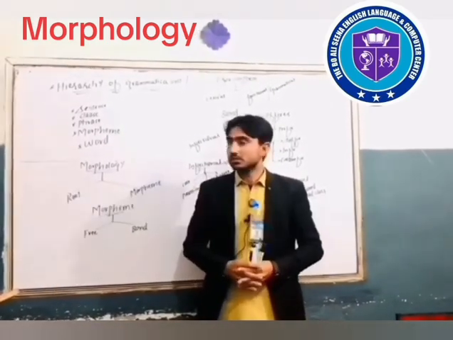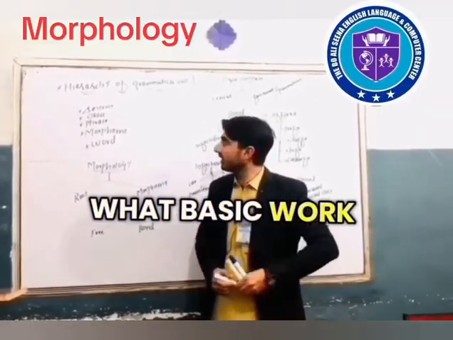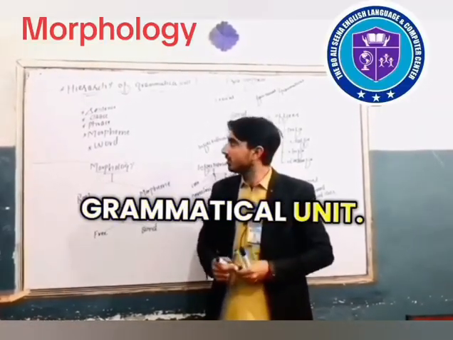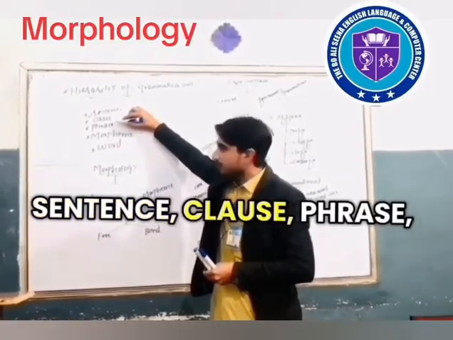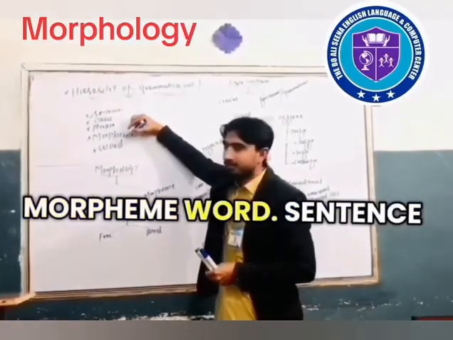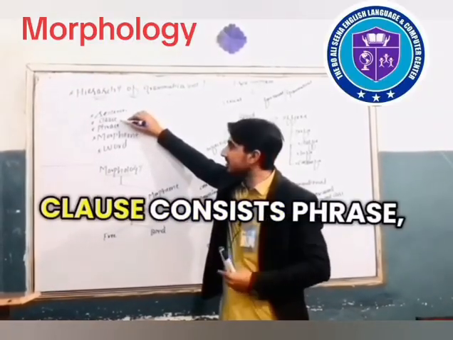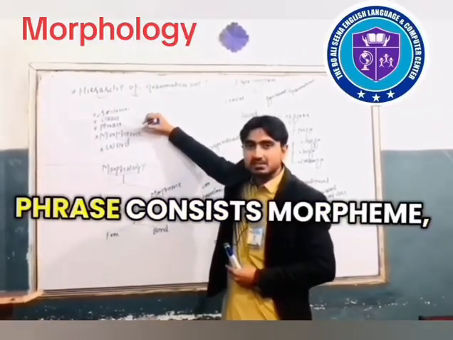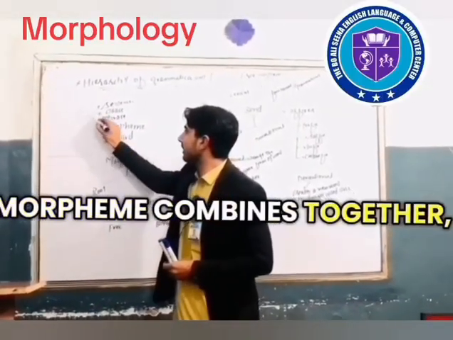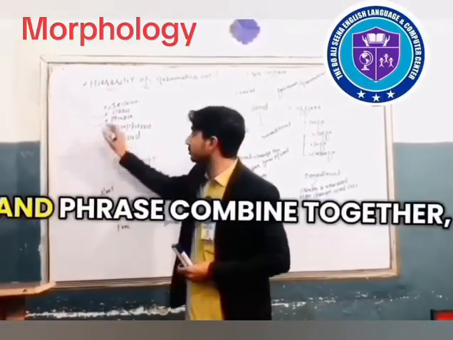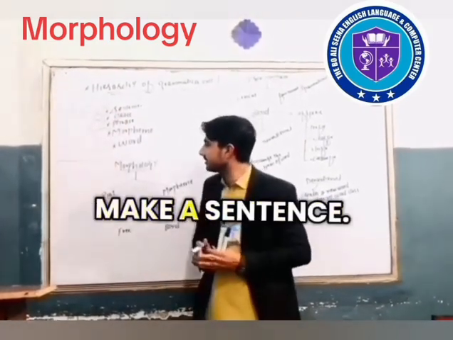For example: sentence, clause, phrase, word, morpheme. A sentence consists of clauses, clauses consist of phrases, phrases consist of words, and words consist of morphemes. Morphemes combined together make a word, words combined together make a phrase, phrases combined together make a clause, and clauses combined together make a sentence.